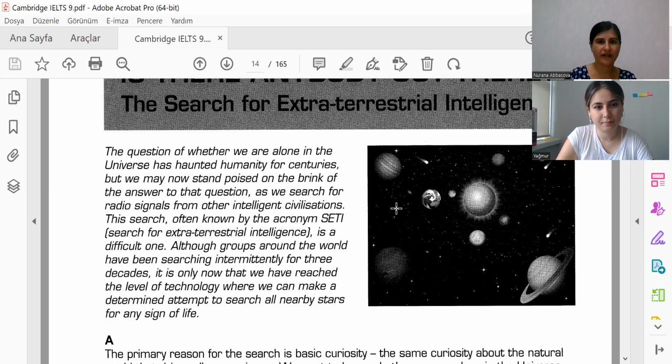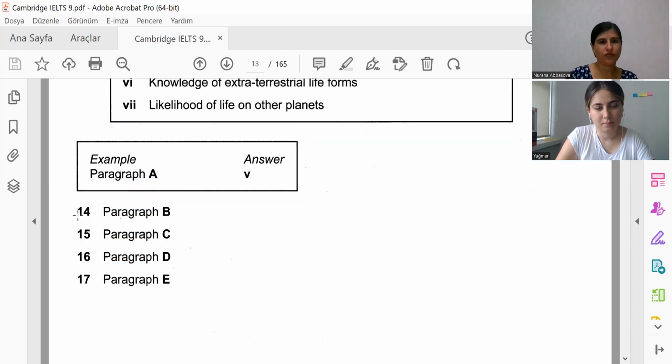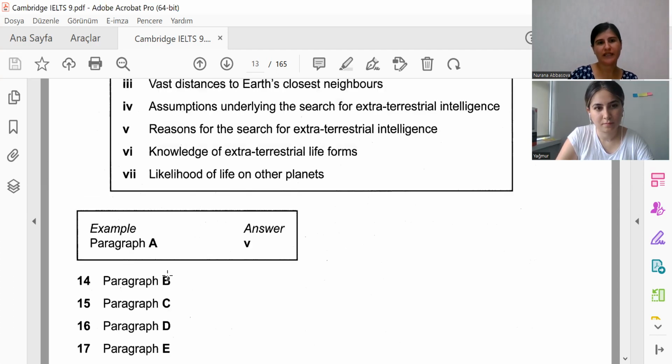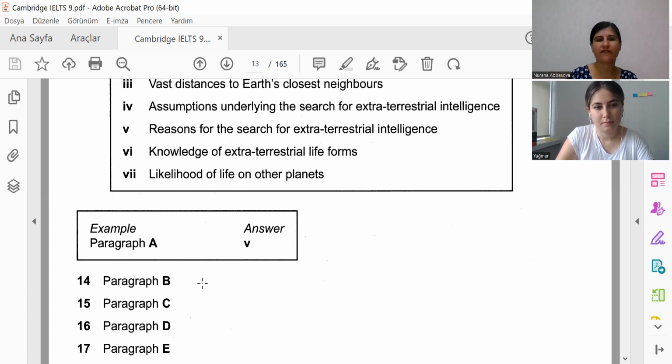So the answers will be given like numbers. If paragraph B's answer is 7, you will just write 7. You will not write anything else, and on your answer sheet you will write only 7 with the Roman number.